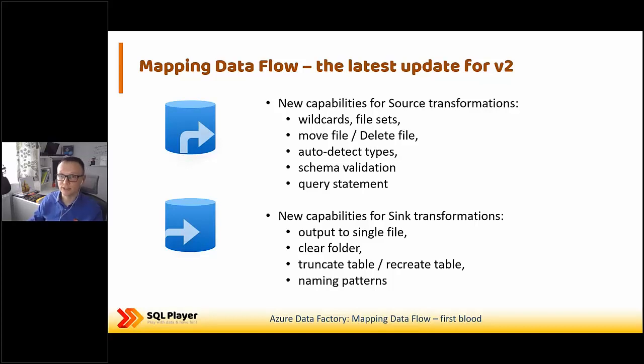You can also auto-detect the types of the files, do schema validation, and use a query statement for databases. For sink transformation, you can output all the data to one single file, which was not available before that upgrade. You can even clear the folder or truncate the destination table, which is really cool. And you can also use naming patterns, which is very important in some scenarios.